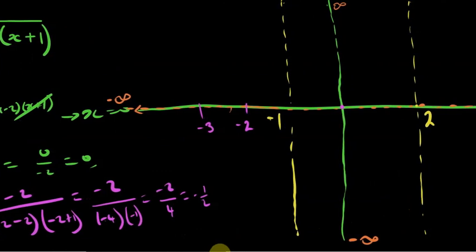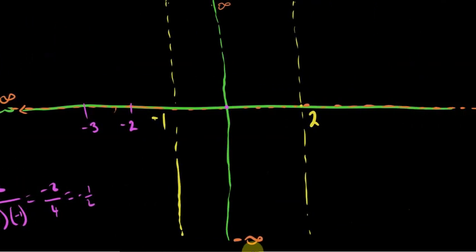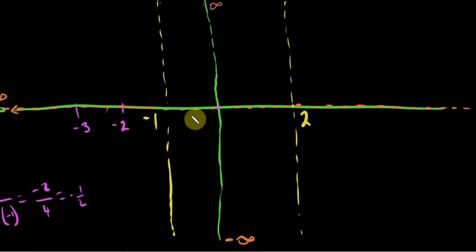So when x is minus 2, y equals minus 0.5. You can already see it's in this region.